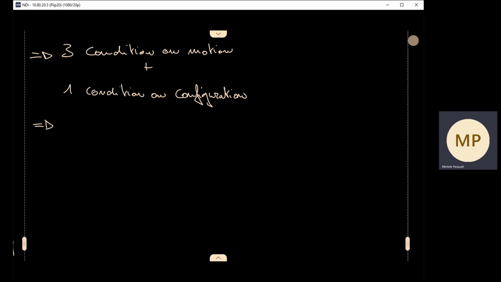We have eventually 4 constraint equations.